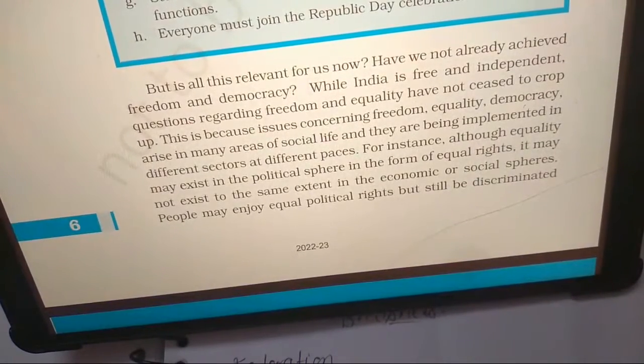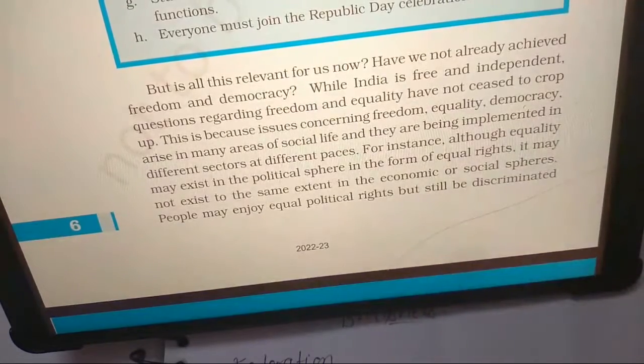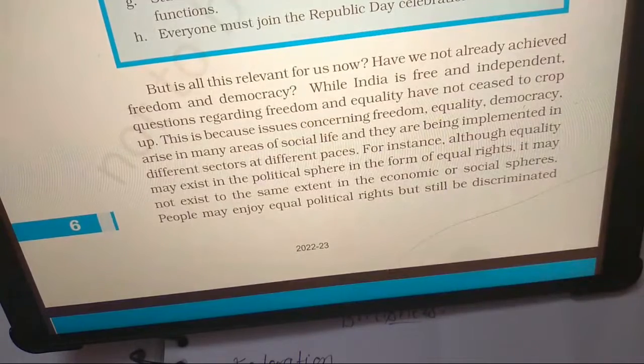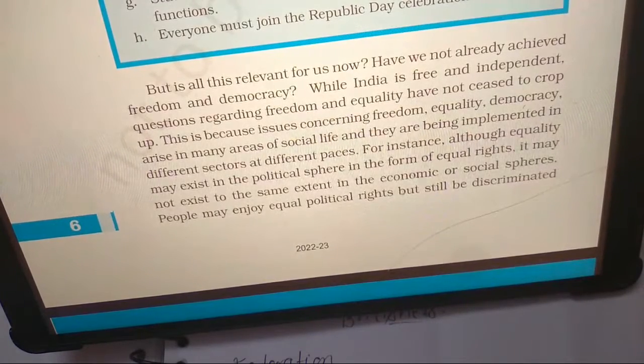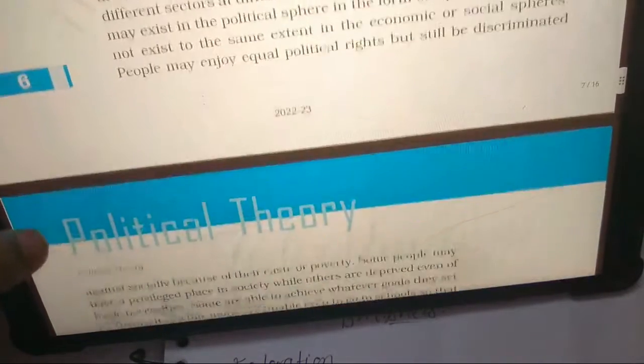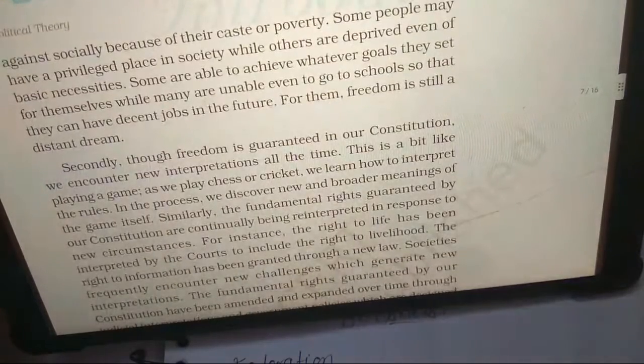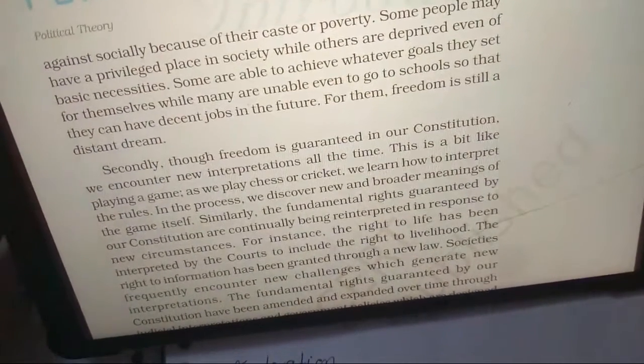For instance, although equality may exist in political sphere in the form of equal rights, it may not exist to some extent in the economic or social spheres. People may enjoy equal political rights but still be discriminated against socially because of their caste or party.